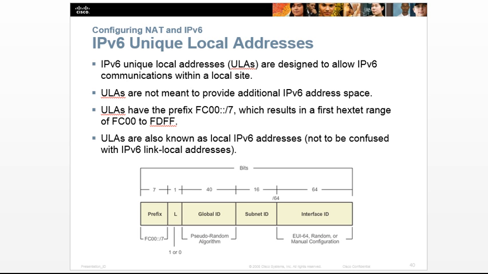ULAs are not meant to provide additional IPv6 space. They always have the prefix FC00, which results in the range FC00 to FDFF. ULAs are known as local IPv6 addresses. Now that is not the same thing as a link local address. That's important.